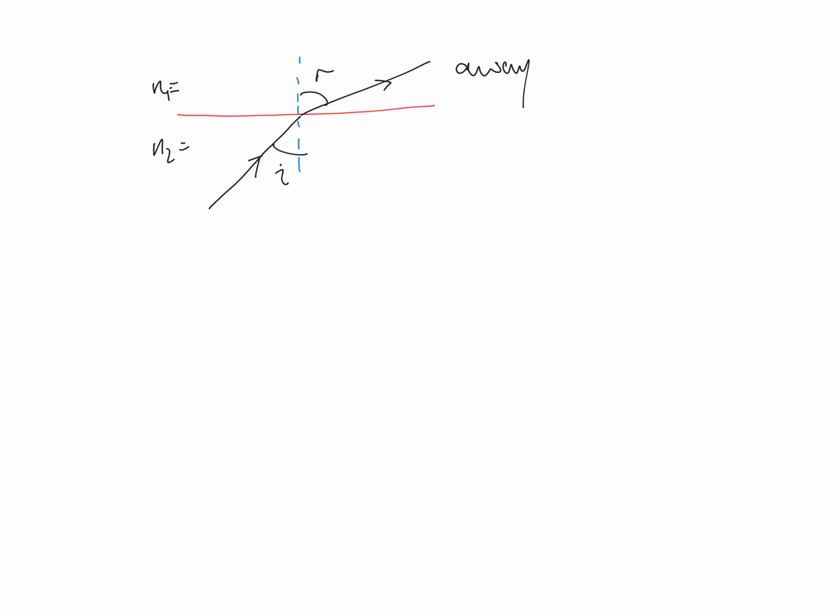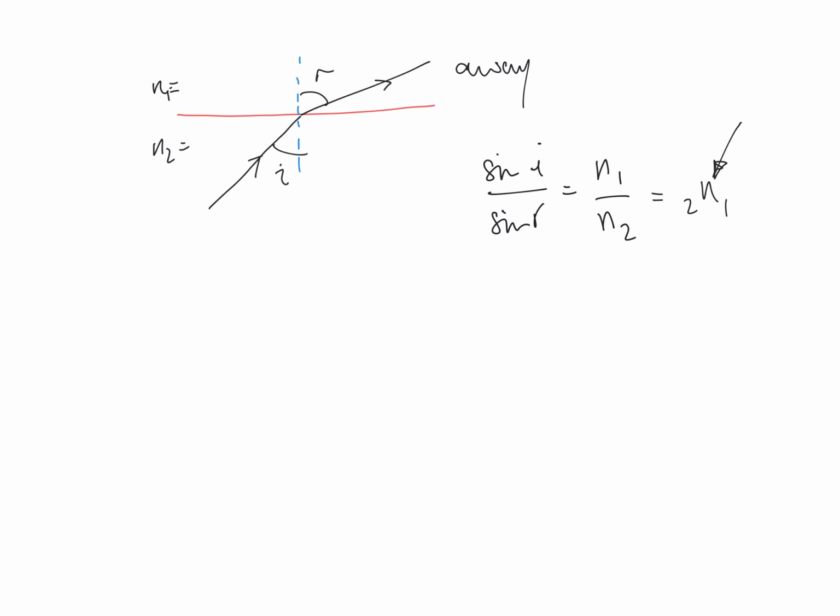We have sine i, sine r, n1 over n2 this time, because i is down here with the same 2, so I go this one over that one gives me that one over that one. Or indeed, we go from 1 to 2.